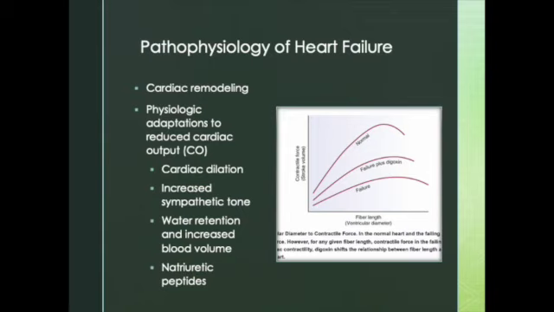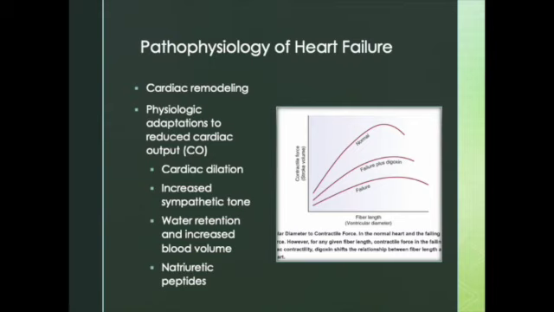Aldosterone is going to act directly on your kidneys to promote further retention of sodium and water, and angiotensin II is going to cause constriction of the renal blood vessels. All of this is going to decrease your renal blood flow, decrease your urine production.